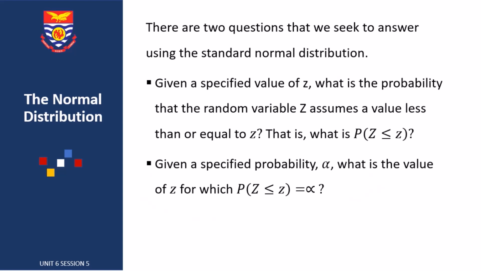Now, there are 2 questions that we need to seek answers to using the standard normal distribution. What are those questions? 1. Given a specific value of z, what's the probability that the random normal variable z assumes a value less than or equal to z? That is, what is the value of P of Z less than or equal to small z?